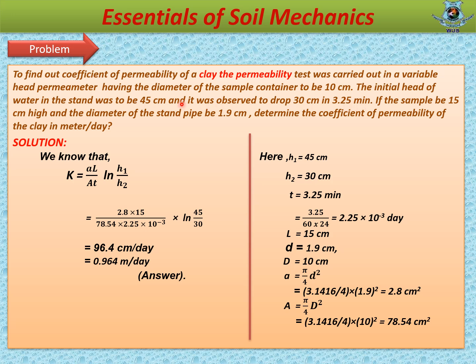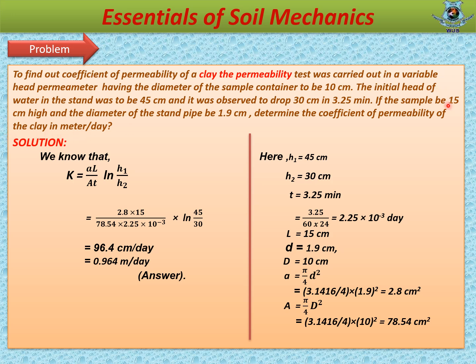That means H1 equal to 45 cm, H2 equal to 30 cm and time t equal to 3.25 minutes. If the sample is 15 cm high and the diameter of the standpipe is 1.9 cm, determine the coefficient of permeability of the clay in meter per day.